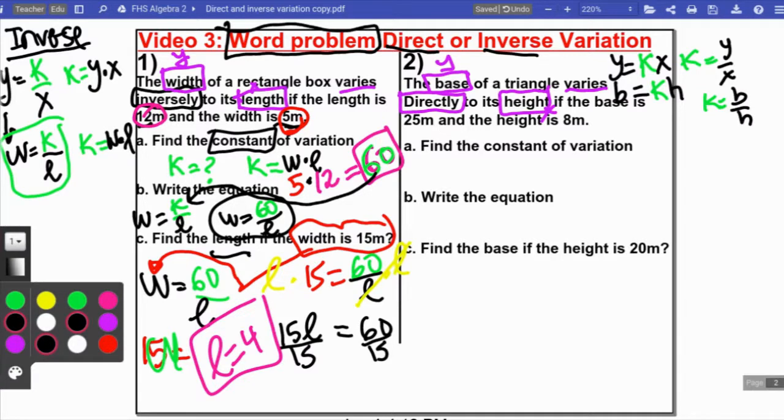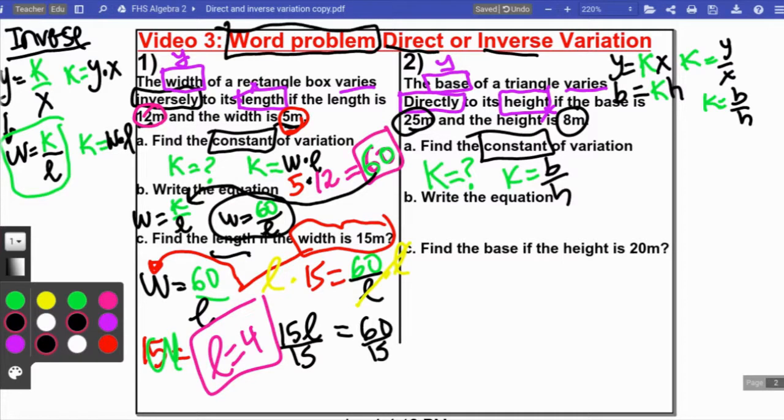All right, cool, let's do our thing. They give me the base is 25 and the height is 8, and they want me to find the constant. Constant is the k. Well, we know k equals b over h.